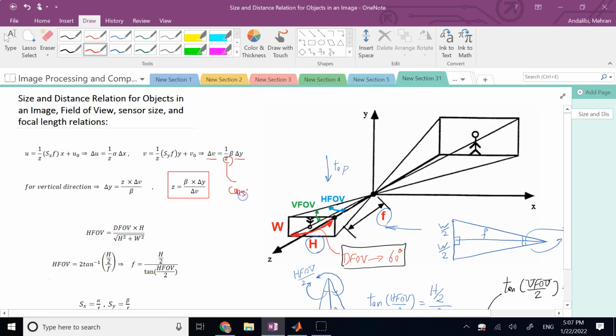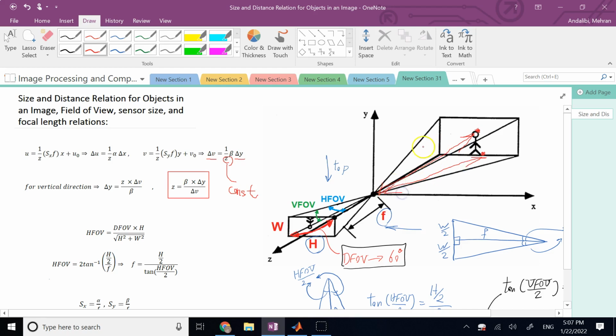So you have to make sure that the 2 points that you took the picture from are at a constant Z. For example, if you consider 1 point on the head of this person, and 1 point on the foot, and you measure delta Y between them, or then in the picture you measure delta V, you need to make sure the Z, the distance of these 2 points to the pinhole location or to the camera, these 2 distances are the same.